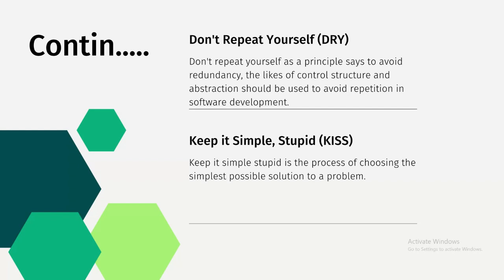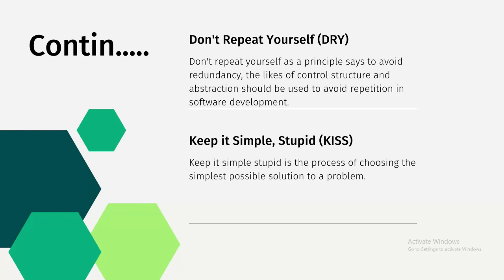Going further, we have another principle: do not repeat yourself, otherwise pronounced DRY, D-R-Y. Here, do not repeat yourself as a principle says you should avoid redundancy. Control structures and abstractions should be used to avoid repetition in software development. So what does this mean?